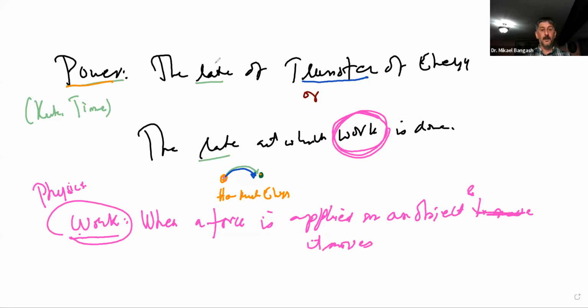Let me just give you guys a little example. You may have a big log of wood in your backyard. Now the work you want to get done is to move that log out of your backyard, right? You may hire a handyman and say, listen, buddy, this is the task.